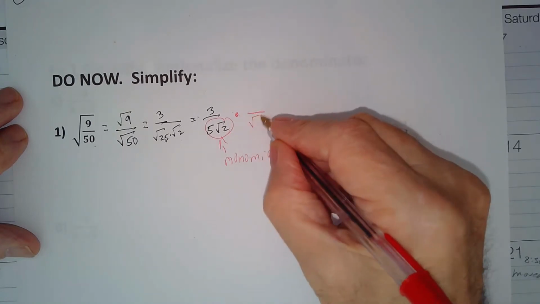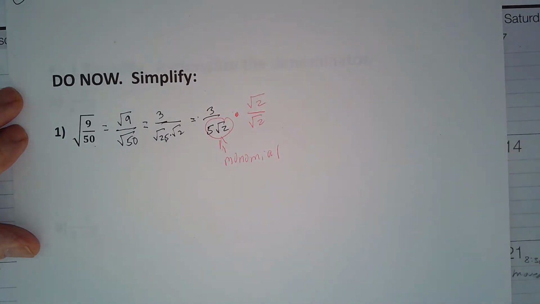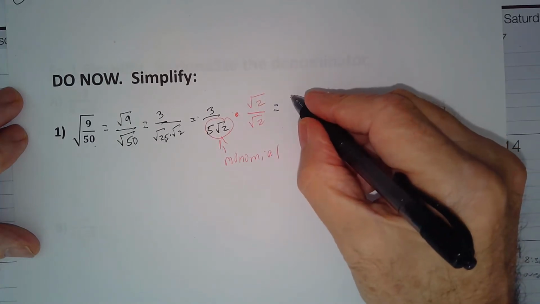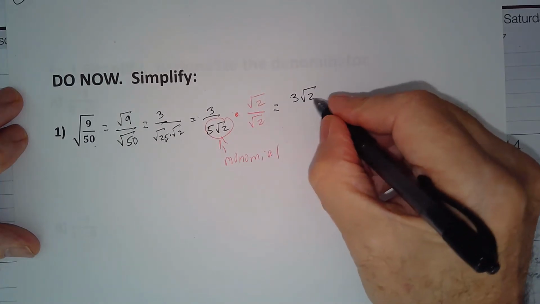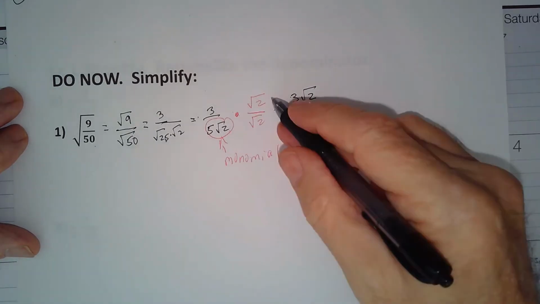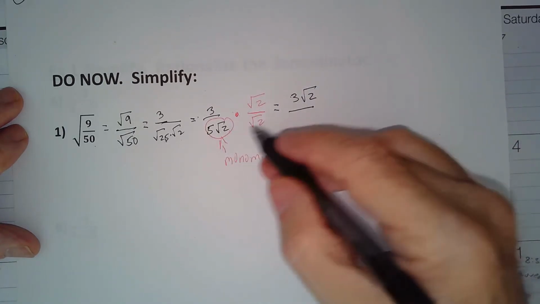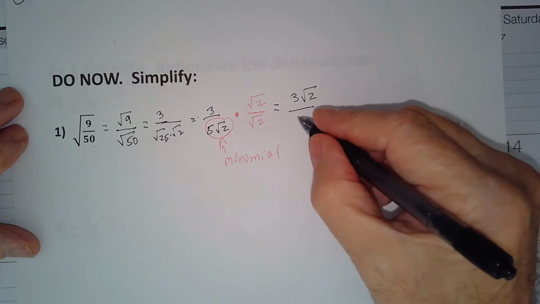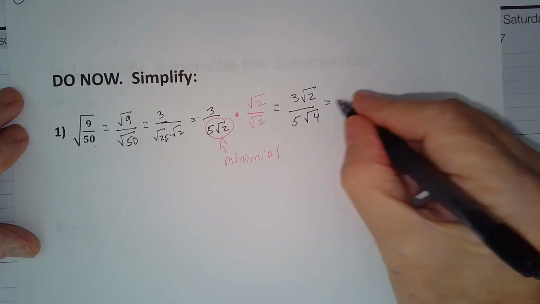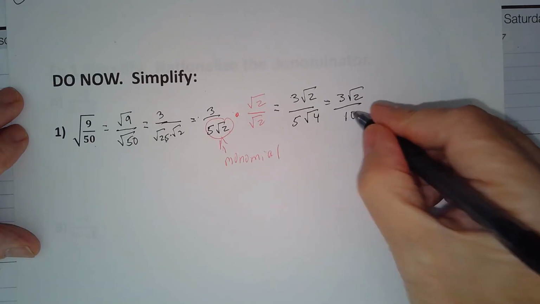So the square root of 2 over the square root of 2. Multiplying that out, you've got 3 times the square root of 2, which is 3 square root of 2. Then 5 times the square root of 2 times the square root of 2 is 5 times the square root of 4, and of course, the square root of 4 is 2. So we end up with 3 square root of 2 divided by 10.